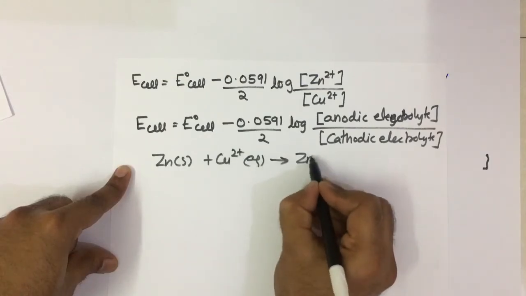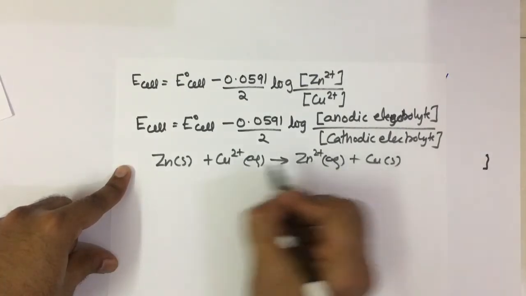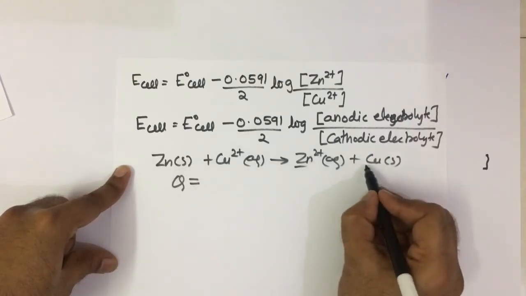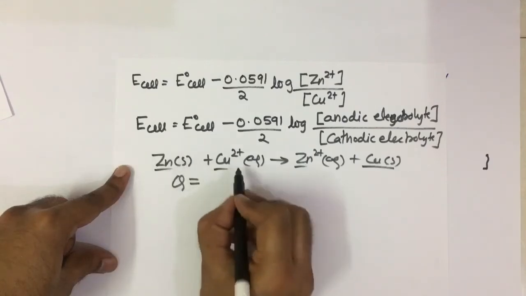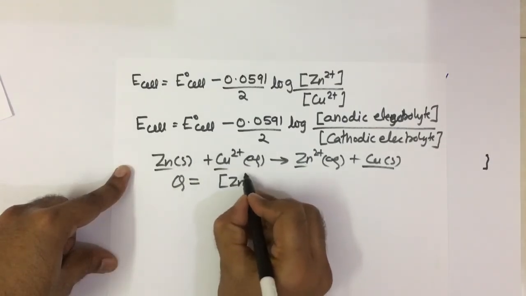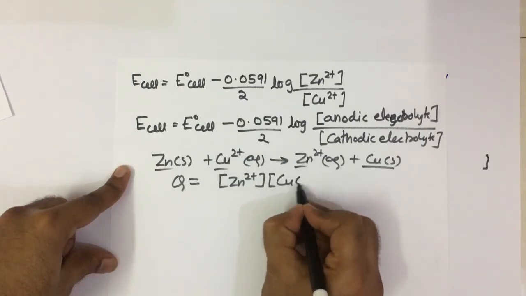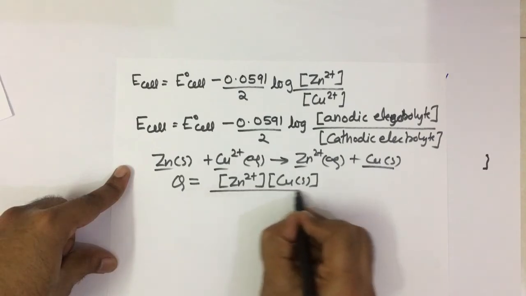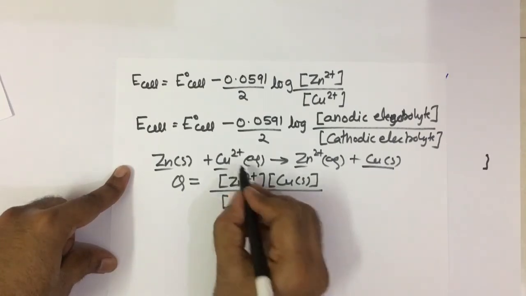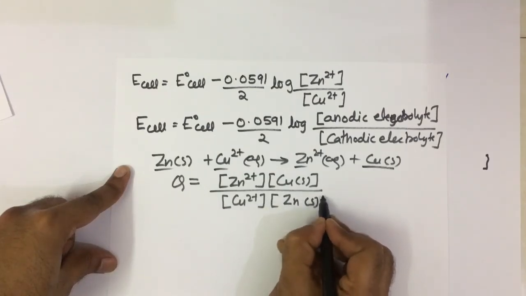you Zn2+ aqueous plus Cu solid. We can write the expression for Q as the molar concentration of product upon molar concentration of reactant, that is Zn2+, this is product, Cu solid upon Cu2+ reactant, Zn solid.